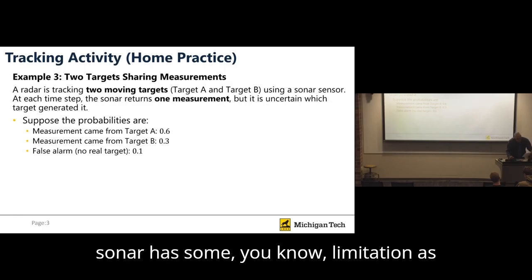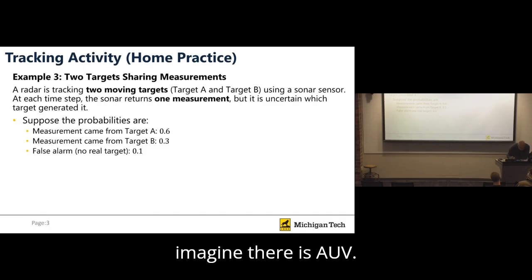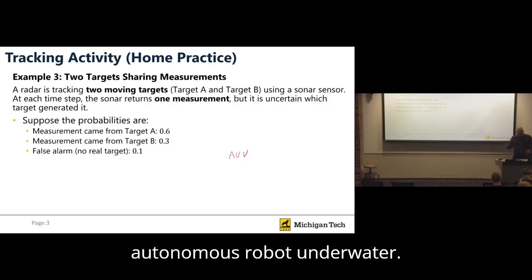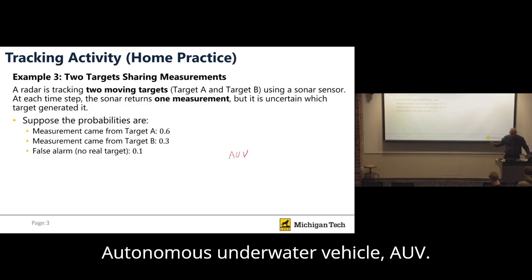But sonar has some limitation as well. Anyway, here we use a sonar to detect targets, and we have two targets, A and B. So imagine there is an AUV. AUV is a kind of autonomous robot underwater, an autonomous underwater vehicle.